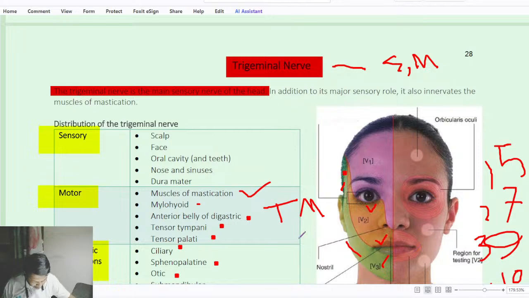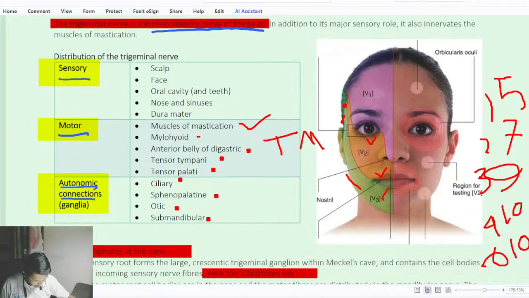Trigeminal nerve. The trigeminal nerve is the main sensory nerve of the head. Just one statement, true or false. Then the distribution of the trigeminal nerve: sensory, motor, and autonomic connection. Have a look at the sensory distribution.